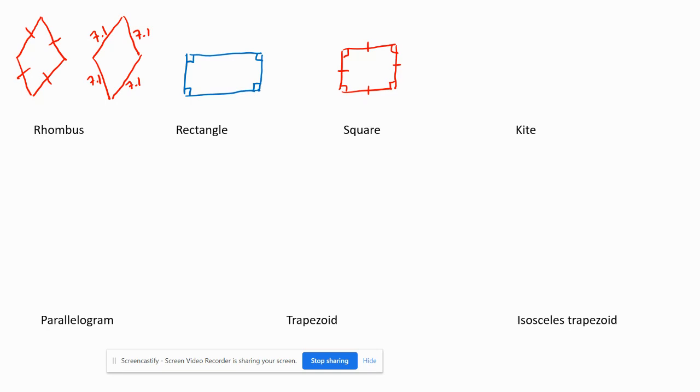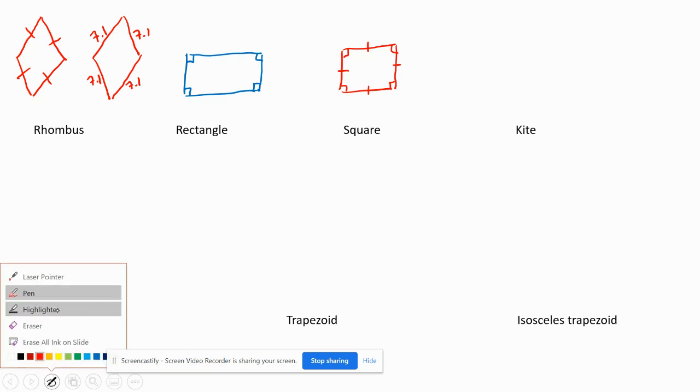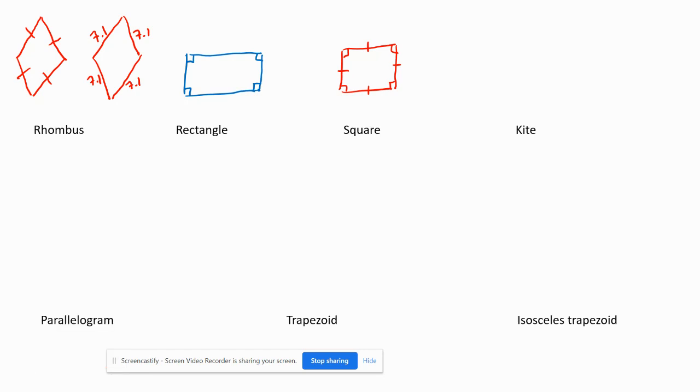Now, the kite almost looks like a rhombus. So let me draw a kite. I'll explain in a minute what's the difference between a rhombus and a kite. Now the kite, the two sides on the top are equal. Again, I can mark them with slashes.